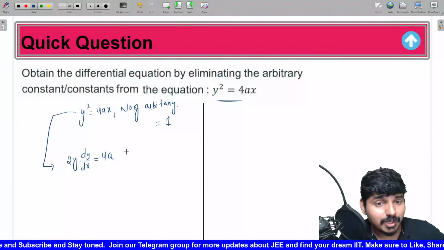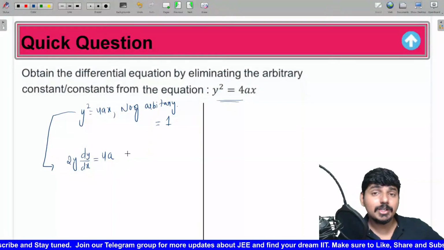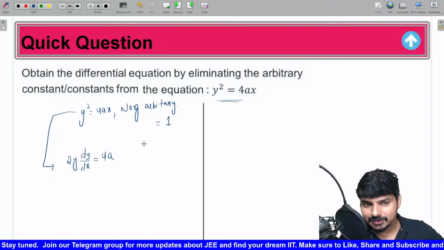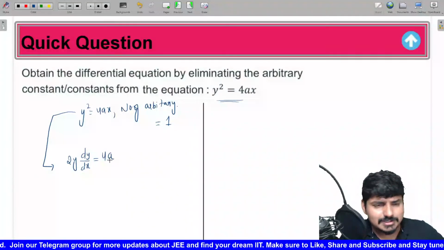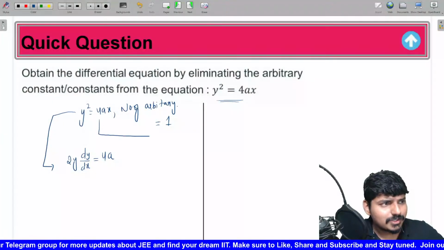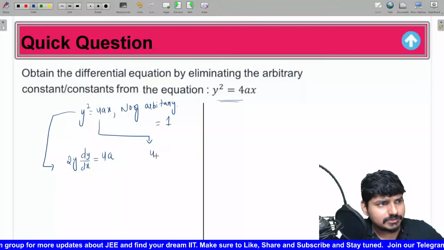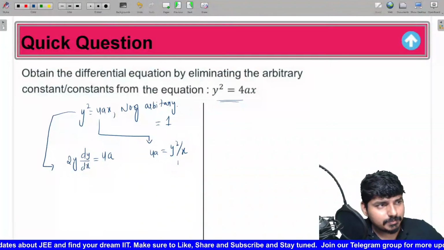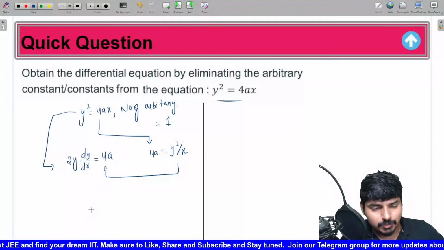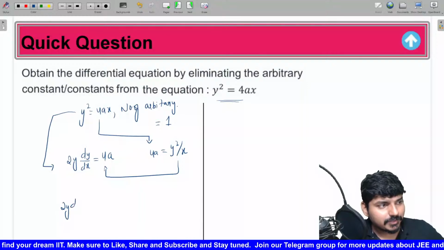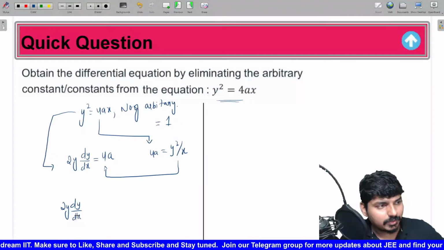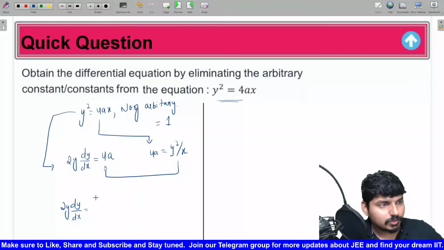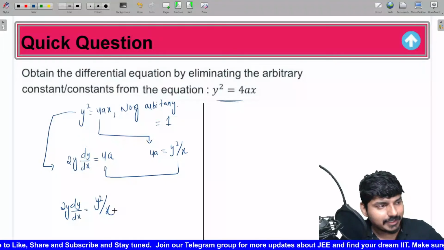Now, as I told you, after differentiating, you need to eliminate the arbitrary constant, right? So how do you eliminate this a, everyone? From the original equation, what is 4a going to be? y square divided by x. Let me put that in this equation. So what am I going to get here? 2y dy by dx is equal to, in place of 4a, y square divided by x, everyone.